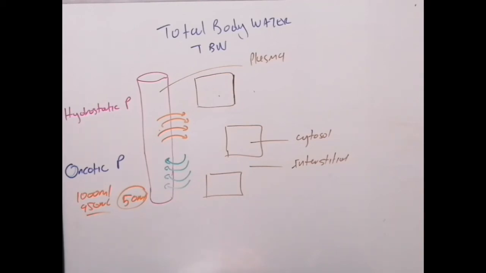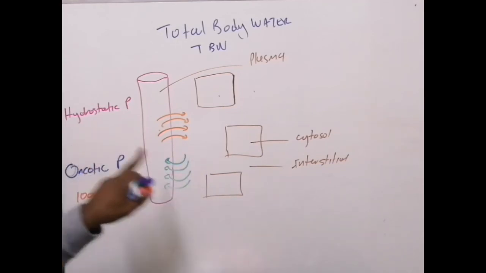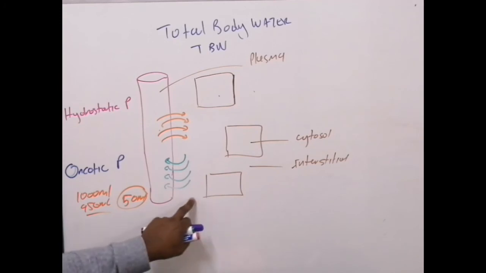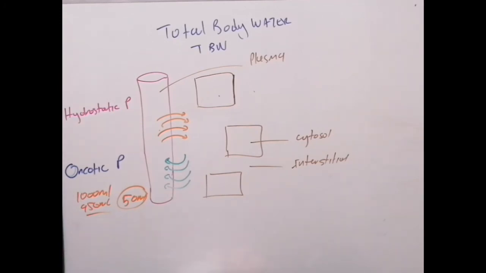Because if every time the hydrostatic pressure takes water into the interstitial space, you always have a remaining 50 mils, then that means that 50 mils will actually accumulate there and cause edema. So this is why the body has another system to make sure that this water gets back into the circulation. And that happens through the lymphatic system, the lymphatic vessels.